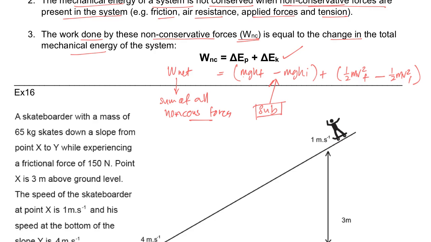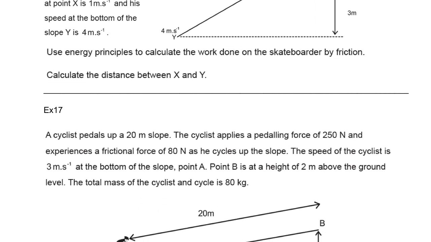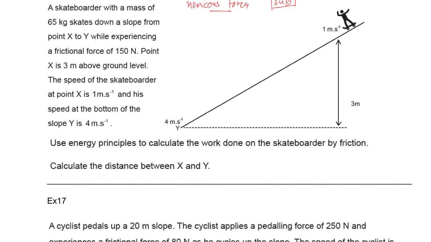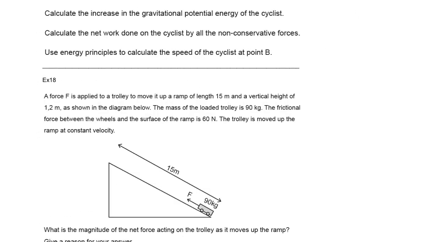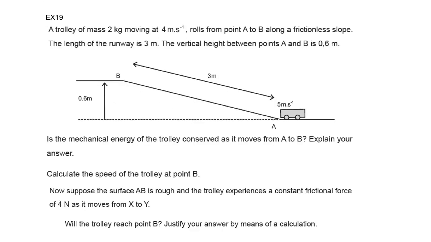Normally I would give you an exercise, but instead of an exercise, we're going to do example 16, example 17, and then you will do the calculations for example 16, 17, on to example 18 over here, and the video example 19.